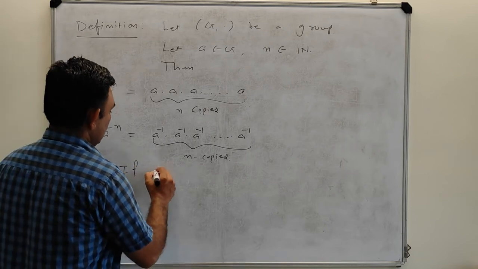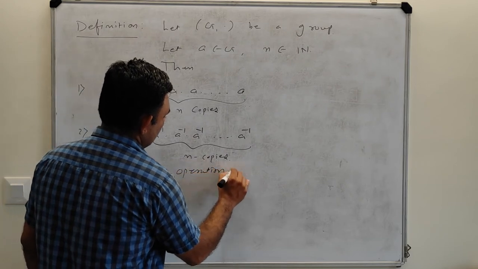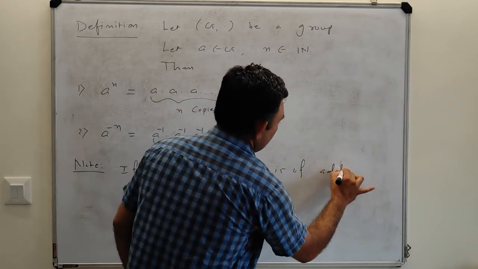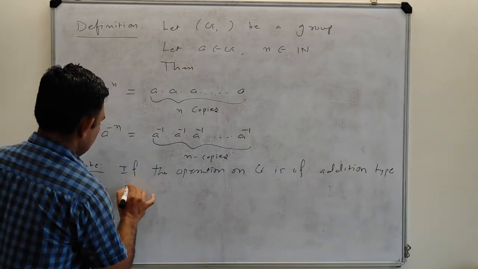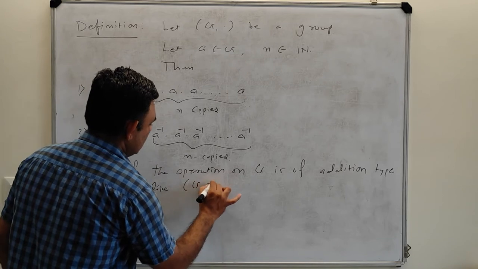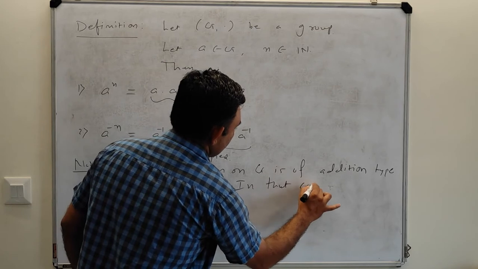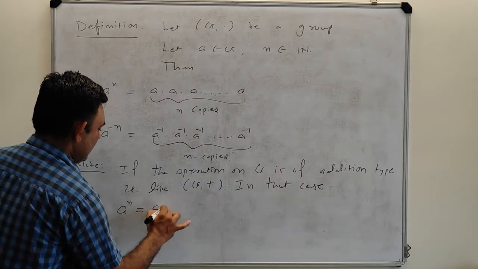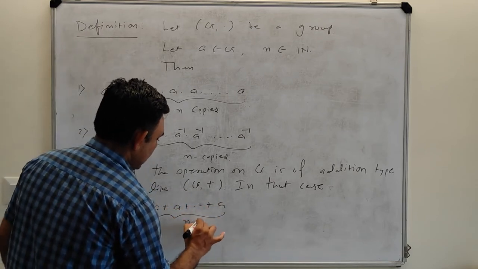Okay, one more, let us put one more note. If the operation on G is of addition type, that is, like G with plus, in that case a raised to n, it is what? a plus and so on a, of course n times.